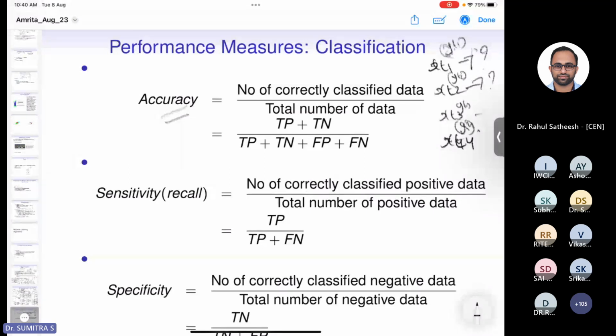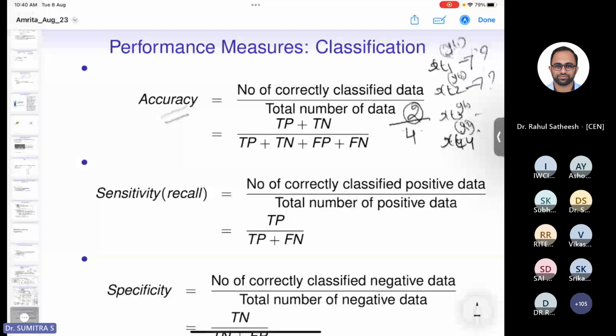We count how many are correctly classified, divided by the total number of data. If out of these 4 it has correctly classified 2, its accuracy is 2 by 4.